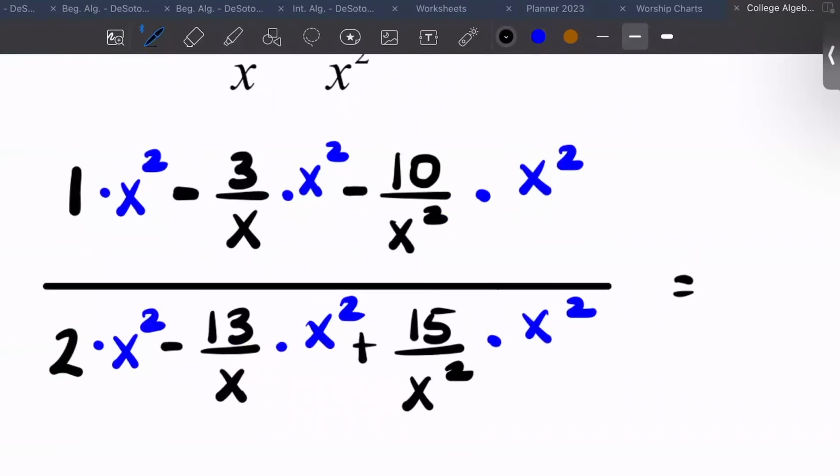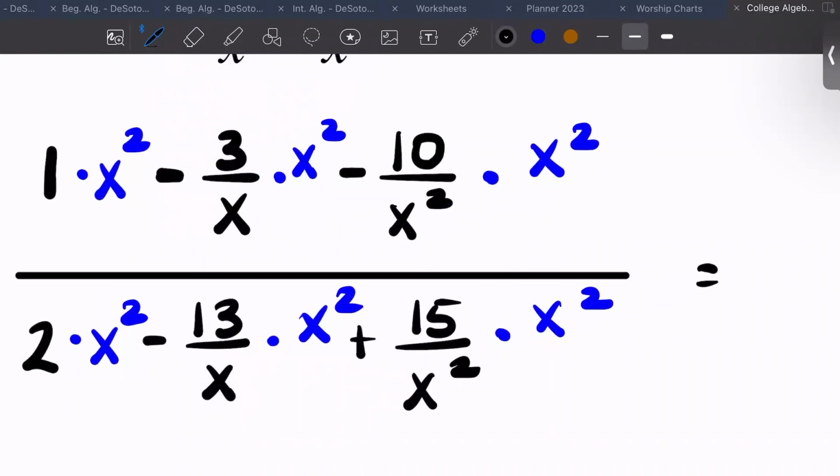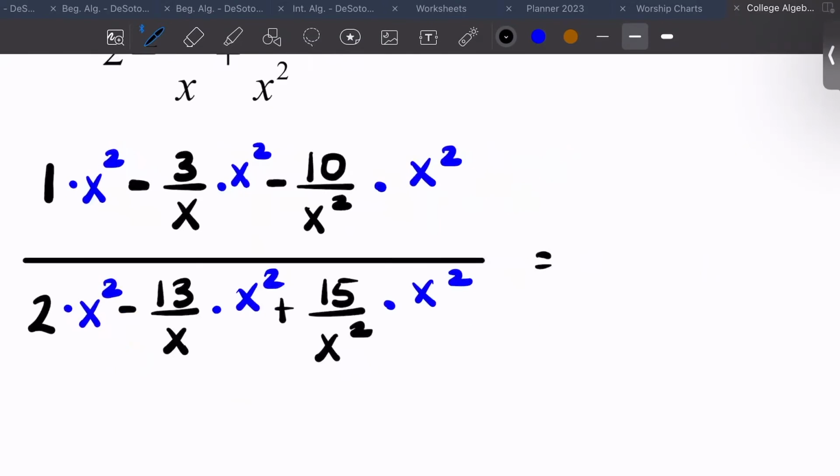Let me zoom in. Well, 1 times x squared is just x squared, right? Nothing fancy about that. We just got x squared. Then we have 3 over x times x squared. Well, we can reduce, and we are just left with an x in the numerator.